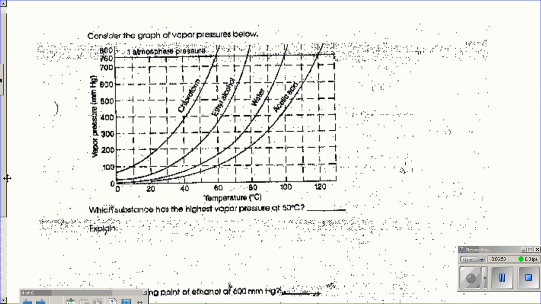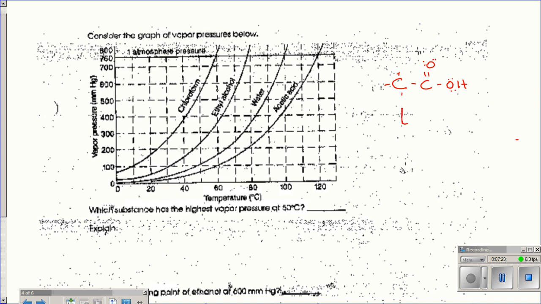Okay, your vapor pressure curve. We have chloroform, ethyl alcohol, water, and acetic acid. So what might be helpful is to know what the formulas for these substances are. Acetic acid has a dot structure. It's CH3COOH, C double bonded to O, single bonded to OH. Remember, that's what makes an organic acid.